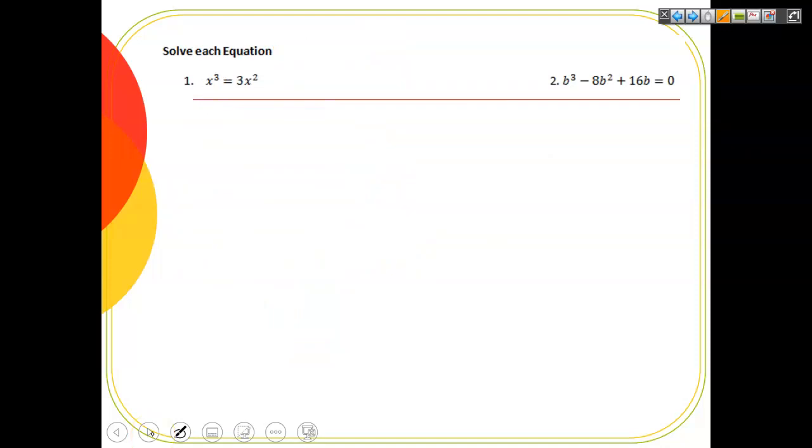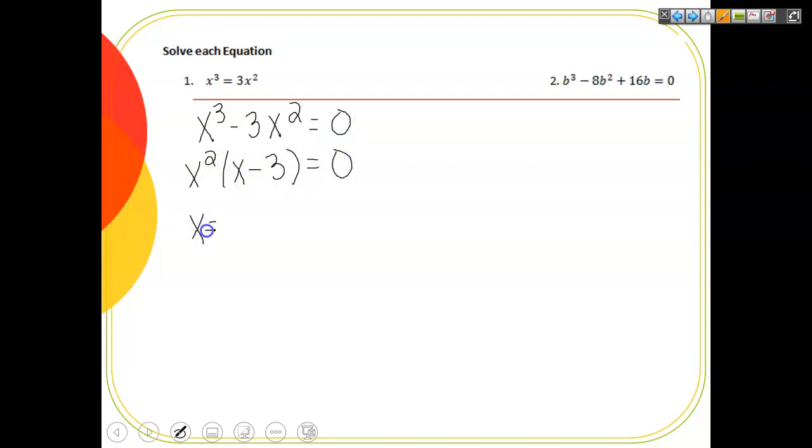Okay, solve them. So again, if I look at this, I can't solve without it being set equal to 0. Take out my GCF. x squared equals 0 is what we call a repeated root. And I bring this one up because the zeros mess up the discard scroll, because 0 is not considered positive or negative.